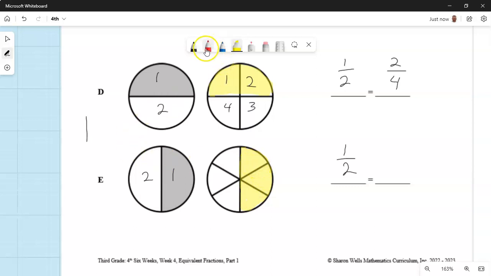It looks like I had to shade in 1, 2, 3 parts to make it equal to my 1/2, and that's out of 4, 5, 6 total parts. So my denominator is going to be 6. So 1/2 is equal to 3/6. Let's go over here and look at the next page.